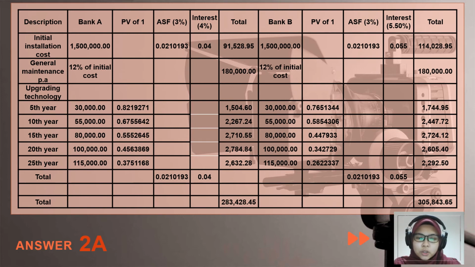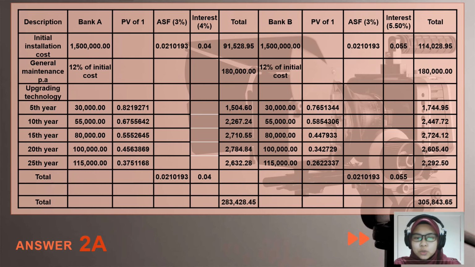So the total should be 1.5 thousand, 2.3 thousand, 2.7 thousand, 2.8 thousand, and 2.6 thousand. This calculation is to be times with the ASF value plus the interest rate of 4%.